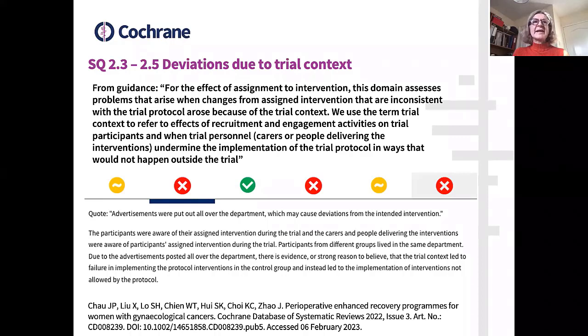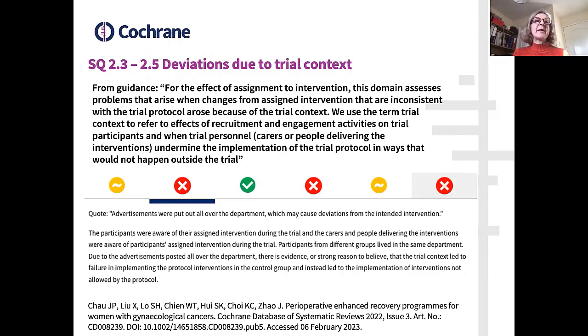Another example I've got is a few years ago, I ran a trial of computerized cognitive behavior therapy for people with depression. There were 3 arms. There were a couple of different computerized cognitive behavior therapy interventions, and there was a control arm. One of the computerized interventions was actually free to use.